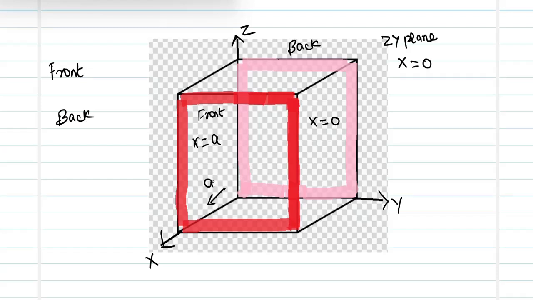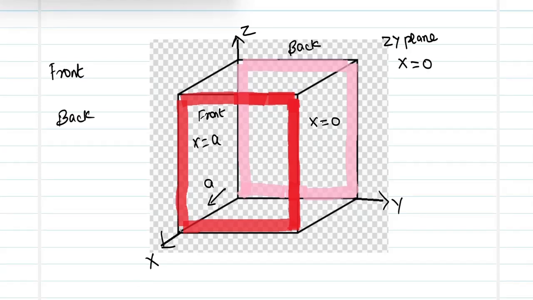Now considering the unit vectors in this direction. Always in the direction of x, the unit vector is denoted by i cap. The unit normal vector in the direction of the x-axis is going to be i cap.